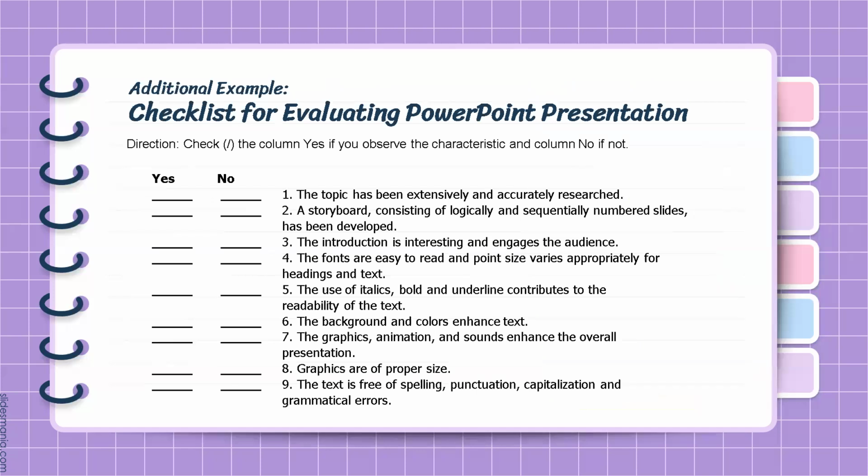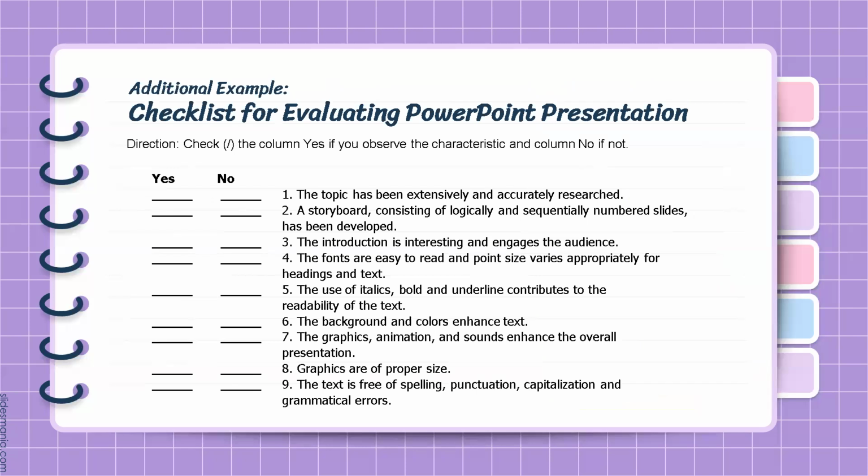Let's examine this additional example of checklist. This time, we can see the purpose is to evaluate a PowerPoint presentation. So unlike the previous example, the columns yes and no came first before the column for the items or the statements.